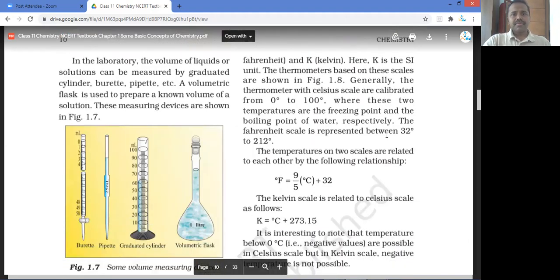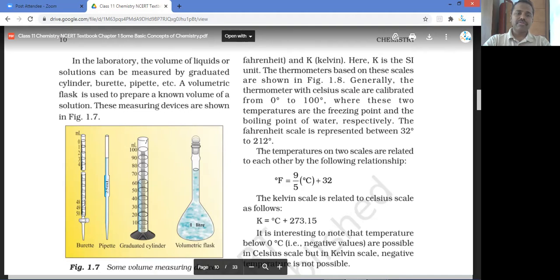So volume of liquids can be measured by graduated cylinder, burette, pipette, etc. What is the meaning of graduated? Graduated means the units of measurement are marked on it, like in a thermometer.